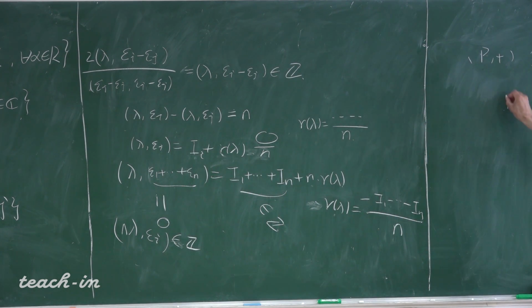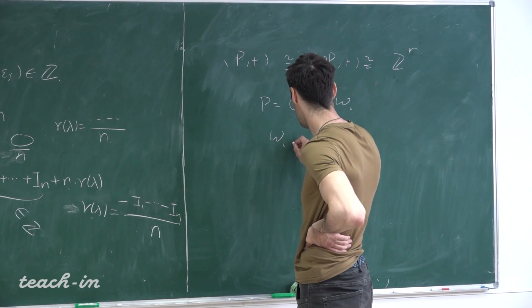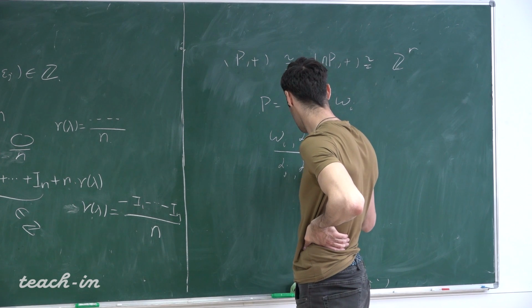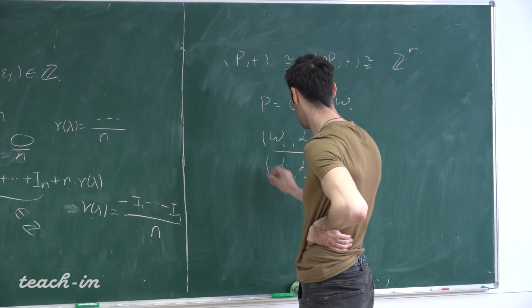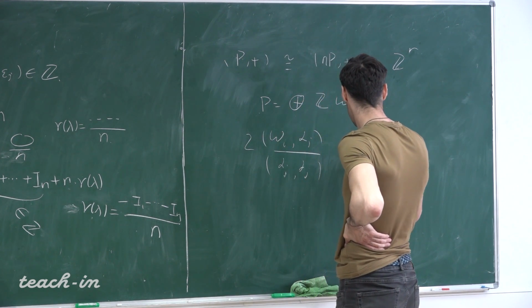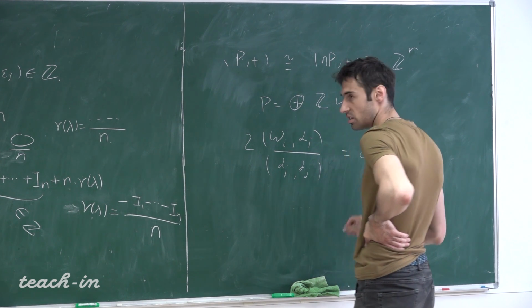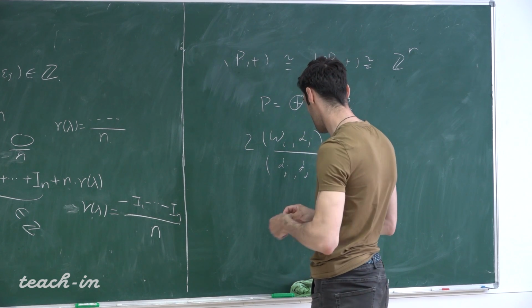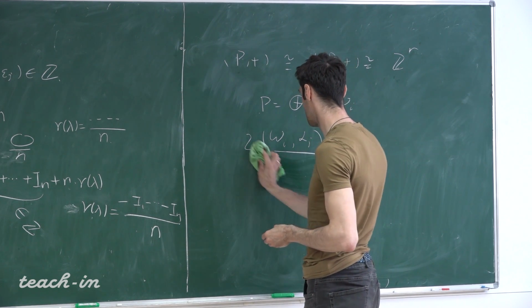P is also the direct sum of Z times fundamental weights, and fundamental weights are defined as follows: omega i paired with alpha j is delta ij. In our case, this is also 2, so actually we can erase this.